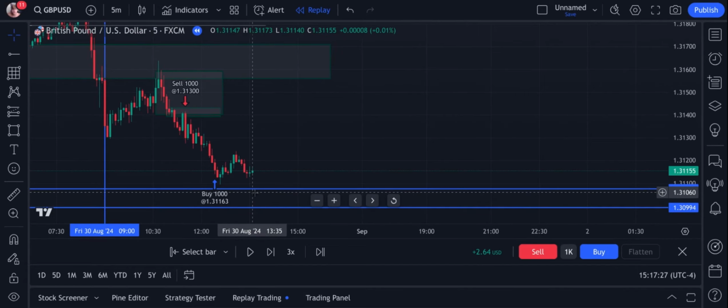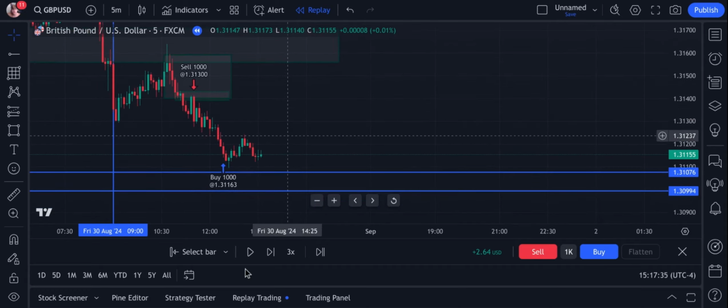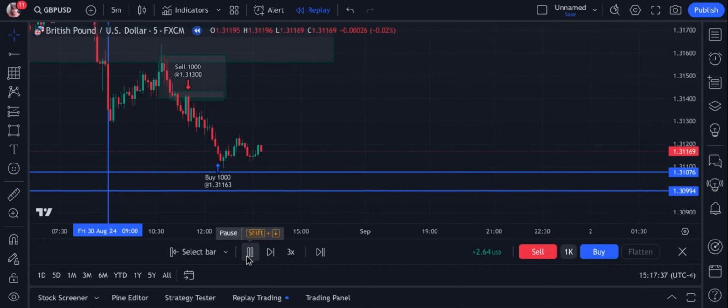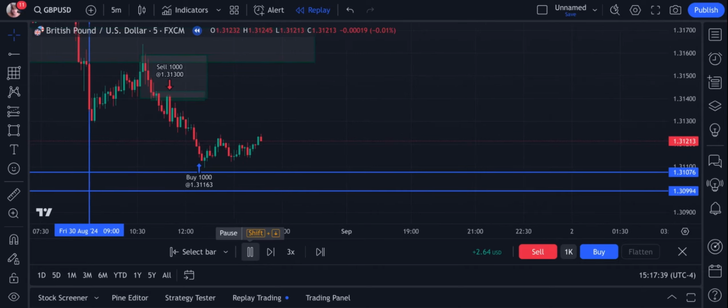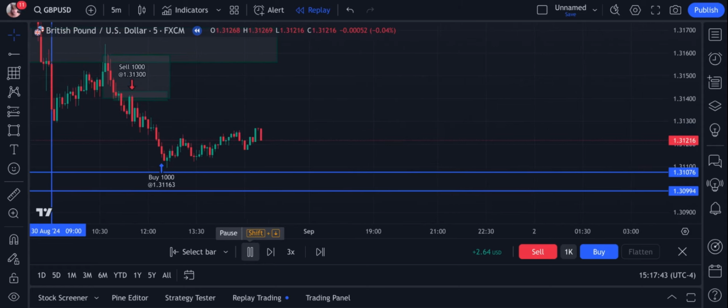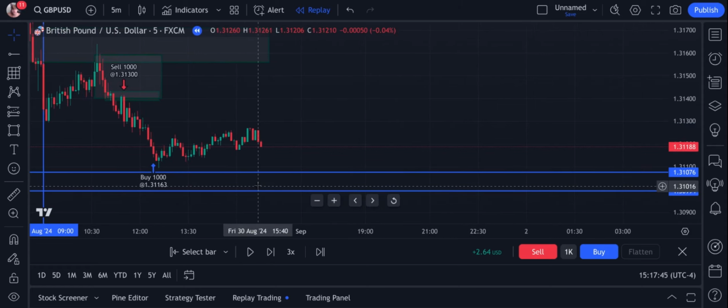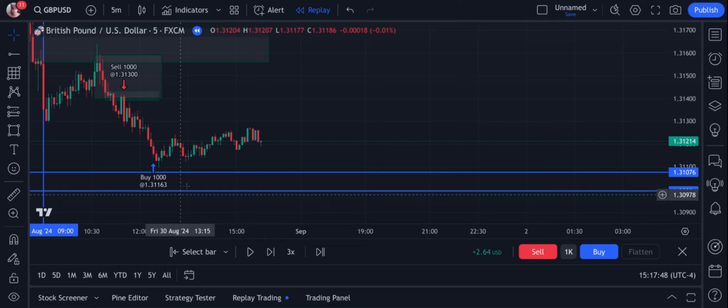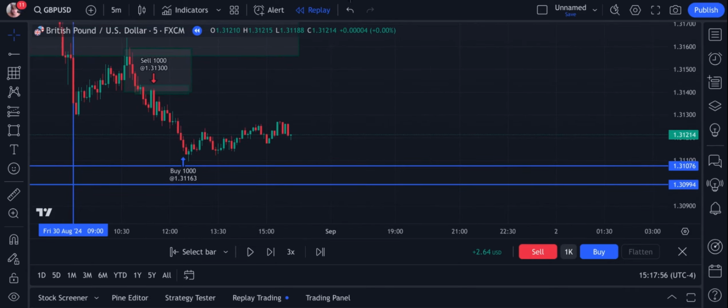Around about this time, I probably would have exited out my trade because it's just late in session. I would have exited out around about this time. And being honest with you, I don't believe TP2 or TP3 gets hit. No, it's so late in session. Yeah, I definitely would have exited out of my trade around about this time, especially since price broke to the upside around about here. I would have taken my profits and called it a day.